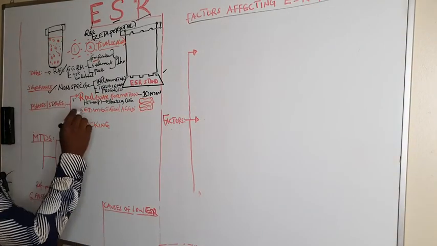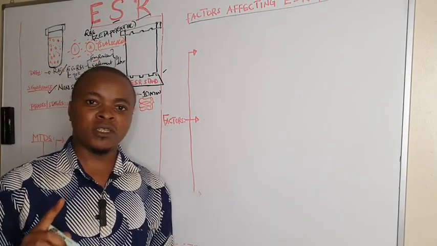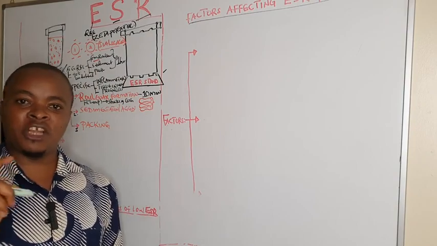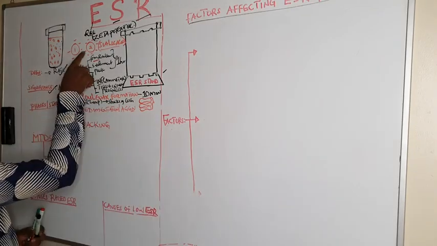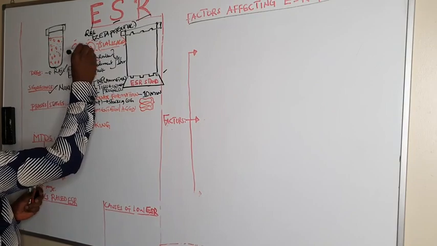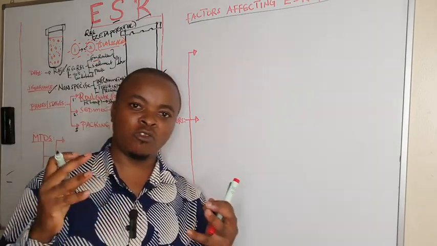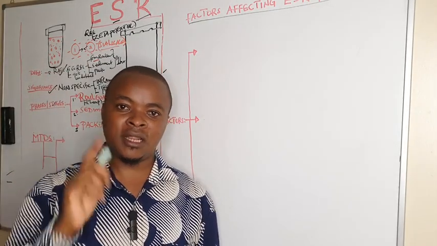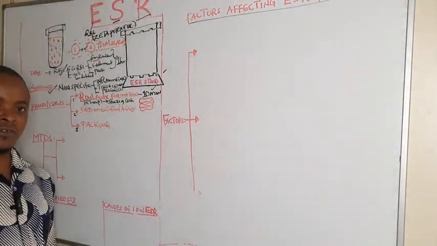So for Rouleaux formation to occur, there must be a decrease in the negative charge around the RBCs. When the negative charge around RBCs reduces, red blood cells move towards one another and clump to form stacks of coins. This process occurs within the first 10 minutes of ESR.